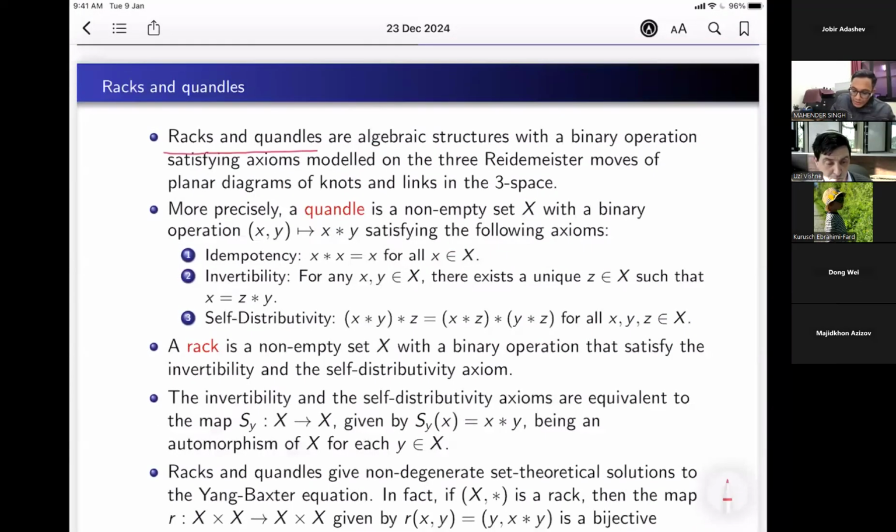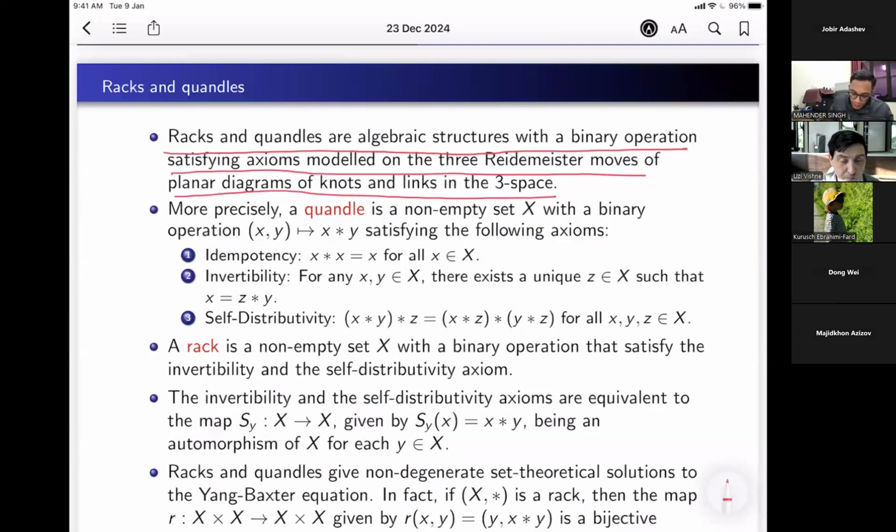Racks and quandles are algebraic structures with a binary operation which satisfy axioms modeled on the three Reidemeister moves of planar diagrams of knots and links in 3-space. For the sake of the audience, I will talk about these Reidemeister moves and knots and links in a couple of slides. But before that, let us look at the purely algebraic definition of a rack or a quandle.